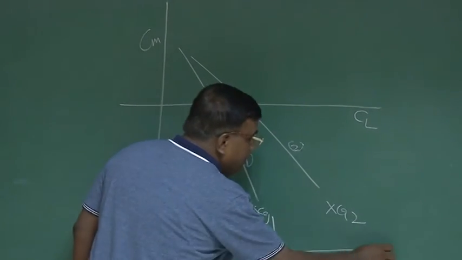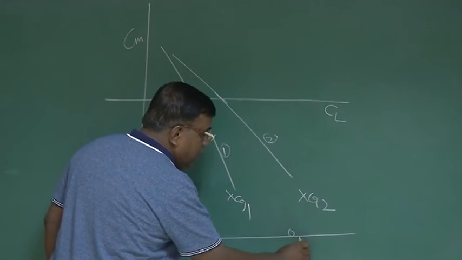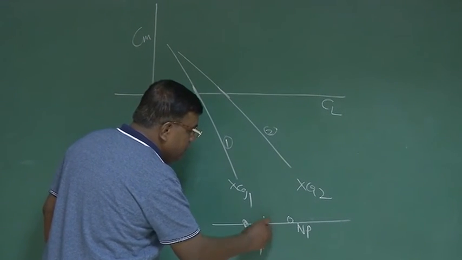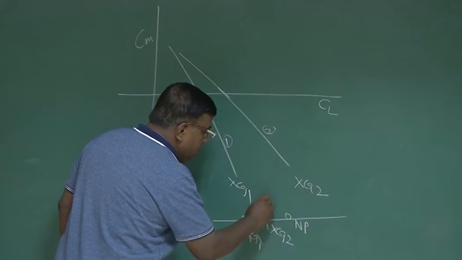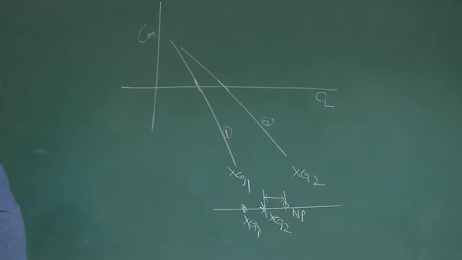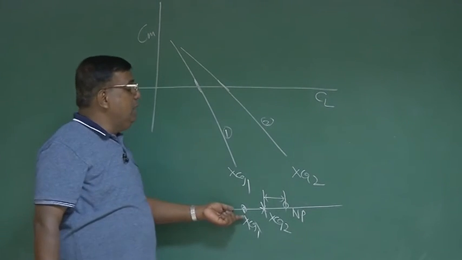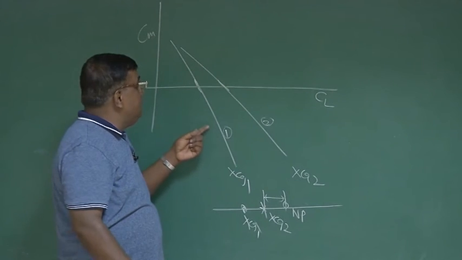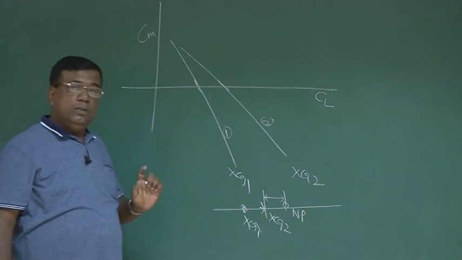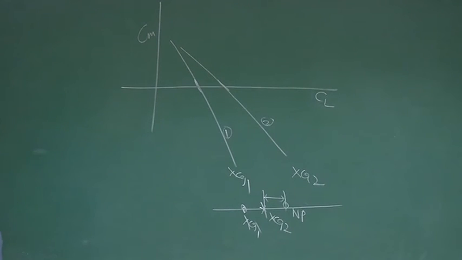Or I can also say, if this is the neutral point of the airplane, XCG1 is here, XCG2 is somewhere here, and so the difference between XCG2 and the neutral point is less compared to the difference between XCG1 and the neutral point. So I say this airplane is statically more stable than this airplane. No issues? Now let us start to see.